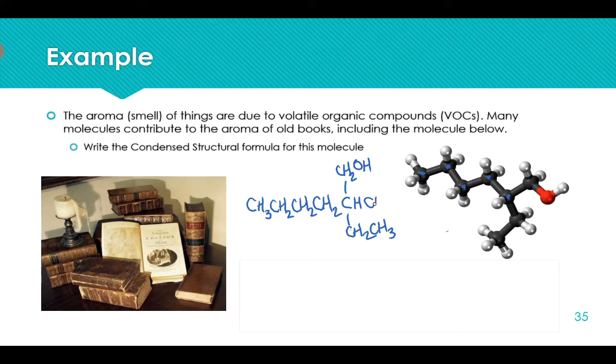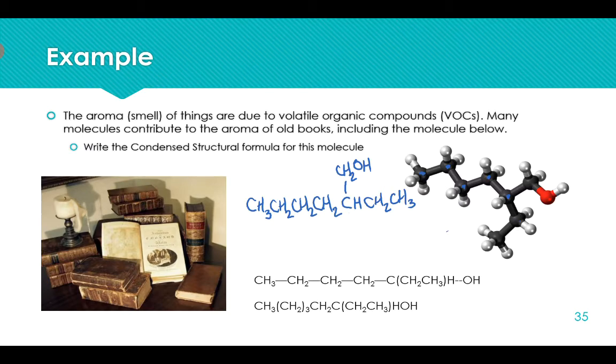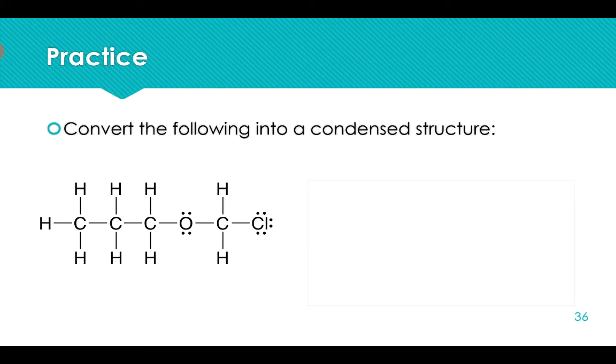I could have written that here as well. Either way is okay. I could also have put that CH2, CH3 group in parentheses and then continued with the OH. There are a lot of different options here for you.